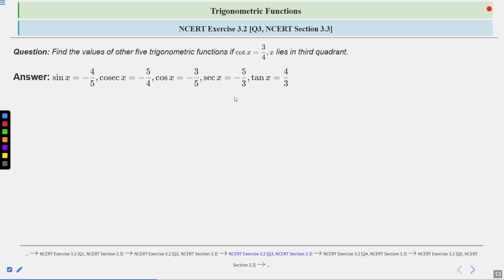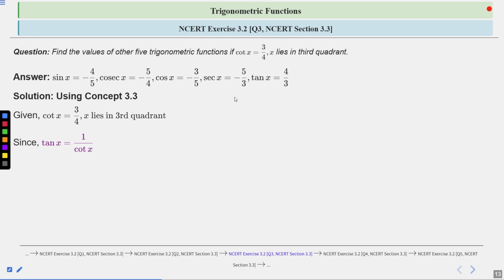Now, let us try to calculate this. It is given that cot x equal to 3 by 4 and x lies in the third quadrant, right?